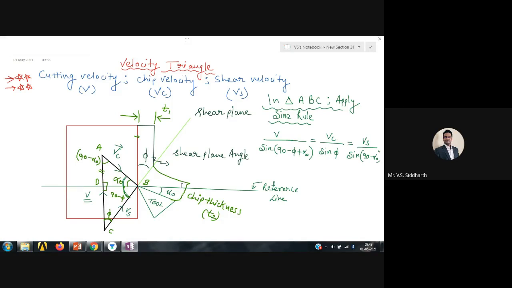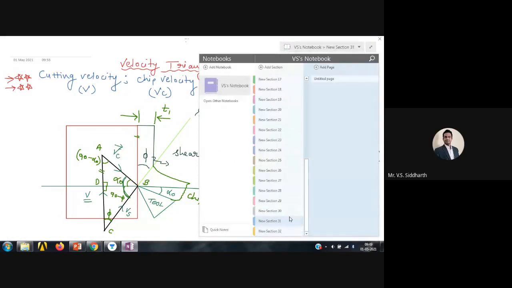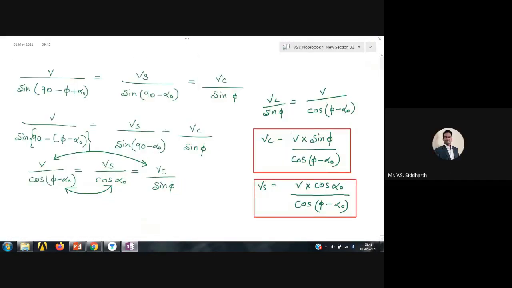No doubts? So after you have understood this, I request you to write down the final expressions, Vc and Vs, on a piece of paper. Vc means chip velocity and Vs means shear velocity.